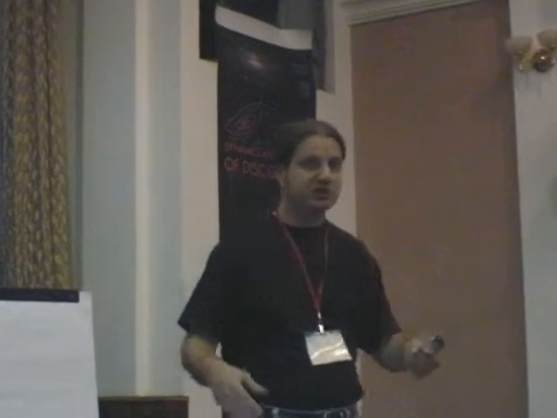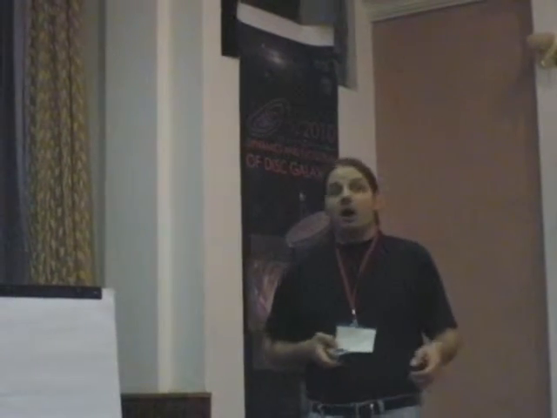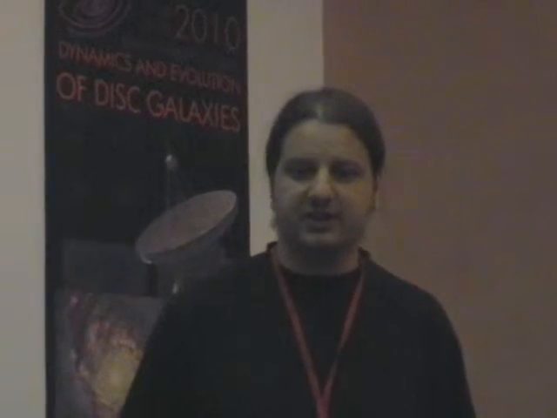There are only a few confirmed cases because you need some observational effort to show that such a system is indeed a polar ring system. Why are they interesting? Only about 0.5% of all early type galaxies show these polar ring structures.